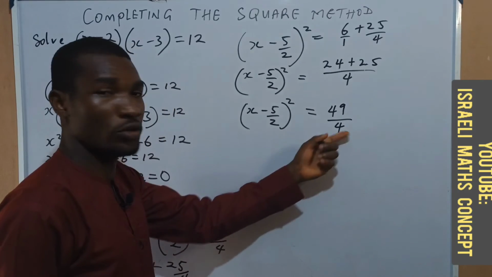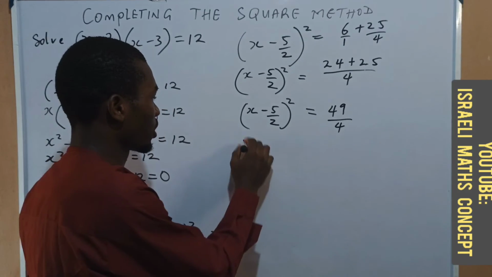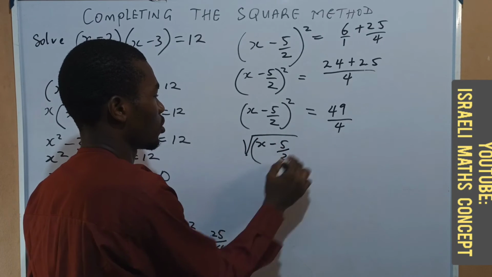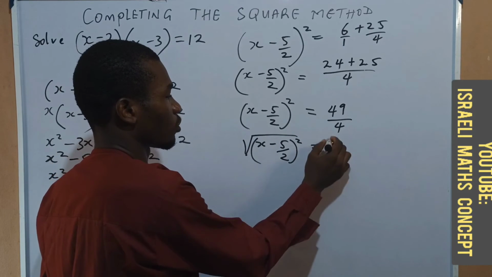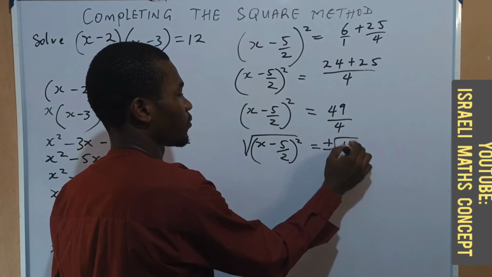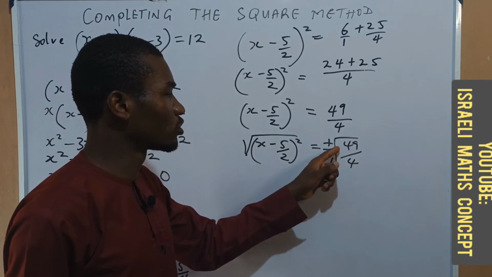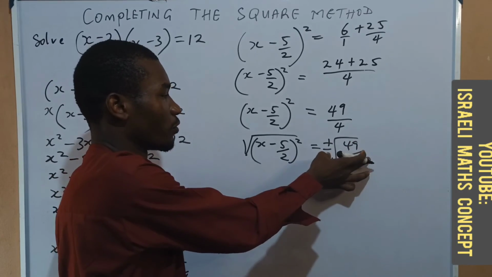Then when we take the square root of both sides of the equation, we then have square root of x minus 5 all over 2 all squared is equal to plus or minus square root of 49 all over 4. Little wonder, why do we use plus or minus at the right hand side of the equation?